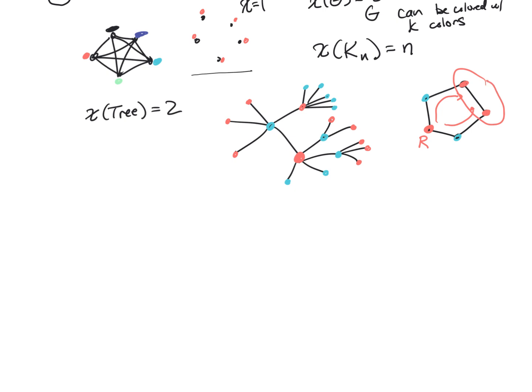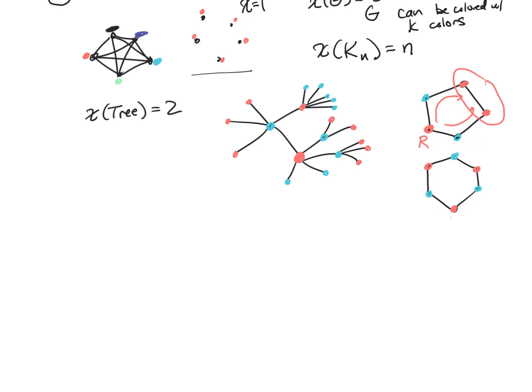Now, it's trickier than just that, though. Let me say, if I did the same thing with a hexagon instead of a pentagon, I could say, well, this one is red, neighbors are blue, their neighbors are red, and the last one, since I only have 1 left, I can say this one's blue.